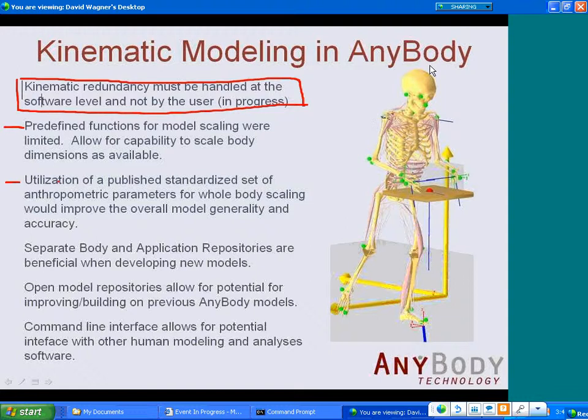A couple nice things were the separate body and application repositories. It was very nice to be able to start with a predefined model where I didn't have to create something from scratch every time. And once again, to review the models that we used, we started off with the free posture move model. We applied the foot constraints, or the foot conditional contact, from the gait model with the drive and the center of pressure forces.